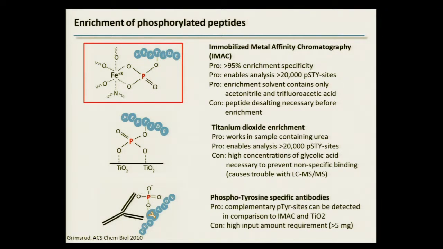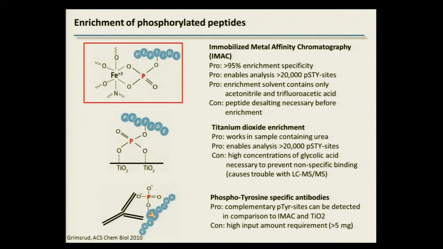If you look now at the pros and cons of those techniques, you see that for the metal-based affinity enrichment methods, we can get pretty good specificity. As for example, with IMAC, we see that in samples, 95% of all peptides after enrichment are phosphorylated, and only 5% are not phosphorylated. Therefore, we can achieve a really good coverage of more than 20,000 sites per experiment.